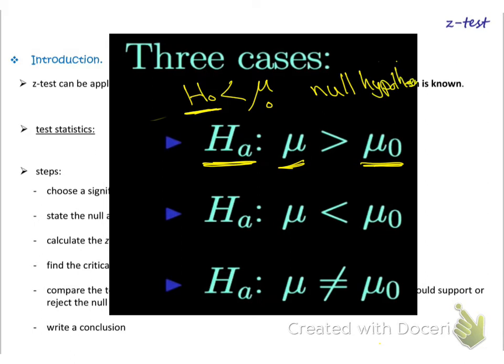So my alternative will be that mu is greater than mu naught.